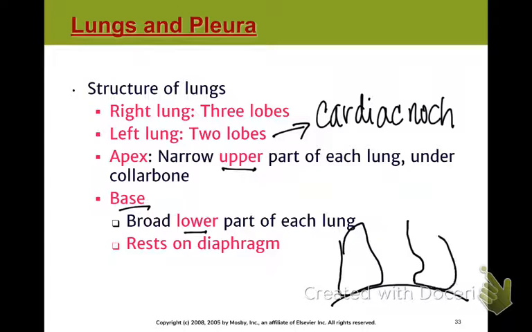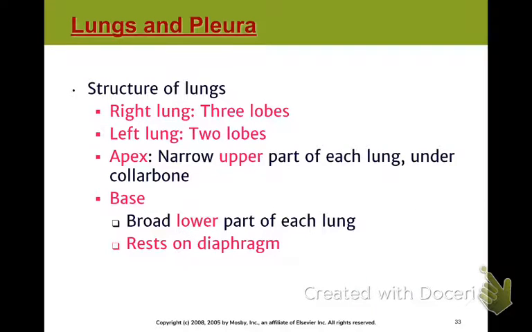And we have a little cardiac notch on that one. And then the heart sits off to the side. So there are the great vessels, and then you have the trachea branching down into the bronchi, coming into each one of these lungs. And they sit on top of the diaphragm.